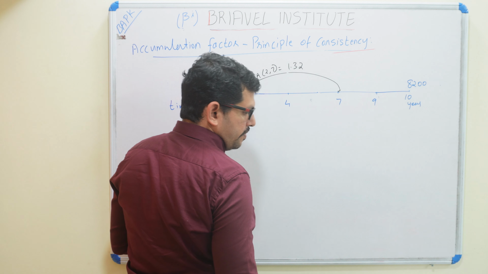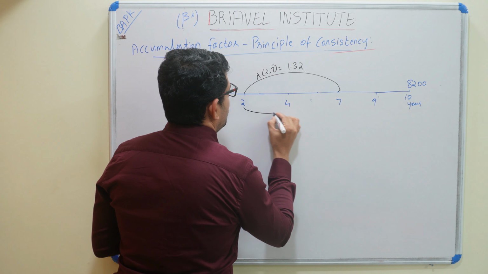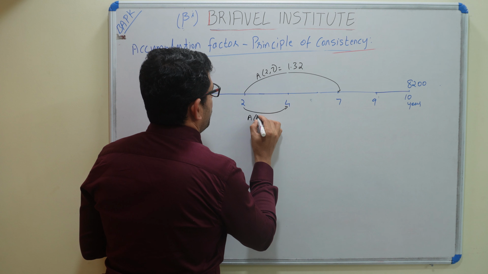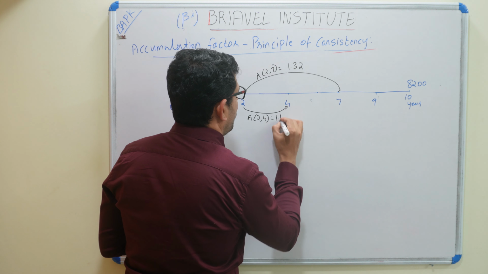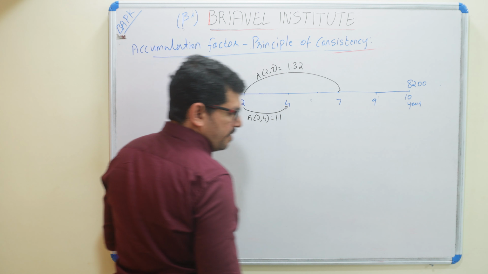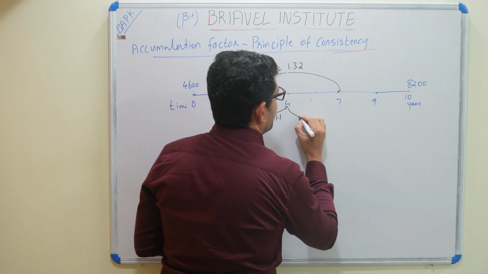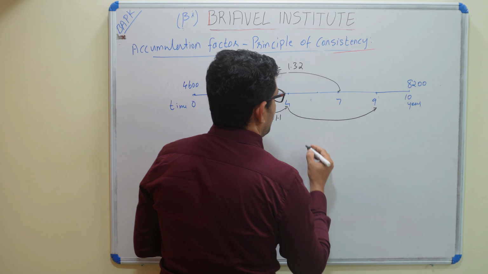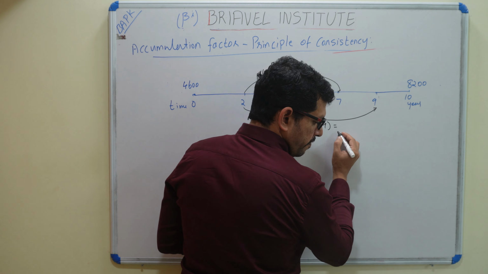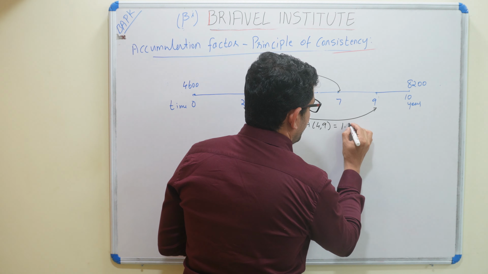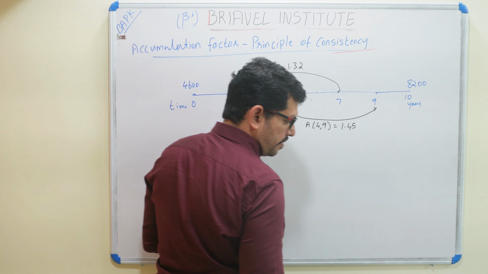And A224 is given. What is the accumulation factor? It is 1.1. And A429 is equal to 1.45.